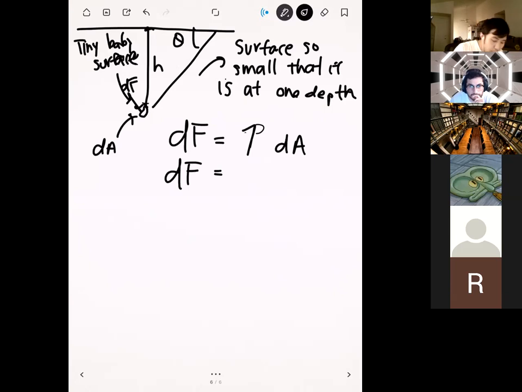The pressure on the surface is going to be the product of the specific weight of the fluid, gamma, multiplied by h, times dA. All I did going from the first equation to the second was plug in gamma h for the pressure. So that's good.